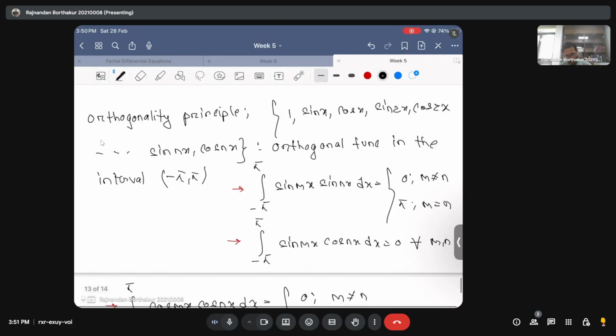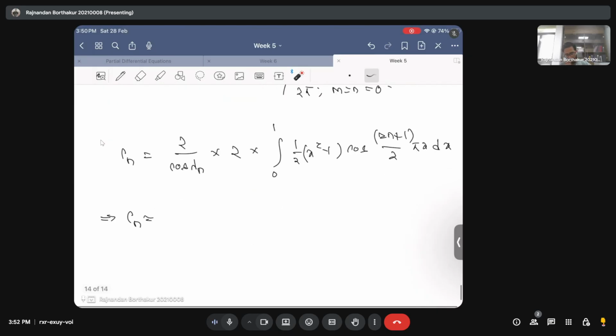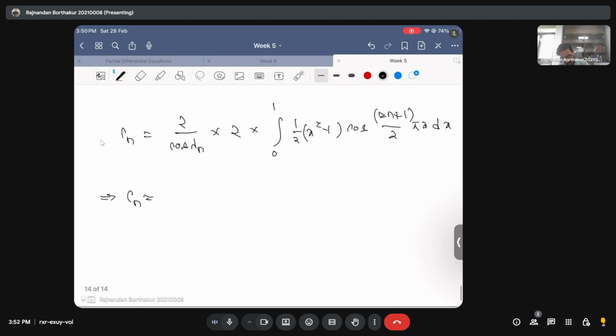What you can do is invoke this orthogonality relation in this integral. That's all you need to do. So your Cn is going to be equal to 2 by cosh lambda n times the integral from 0 to 1 of x squared minus 1 times cos of twice n plus 1 by 2 times pi x dx.